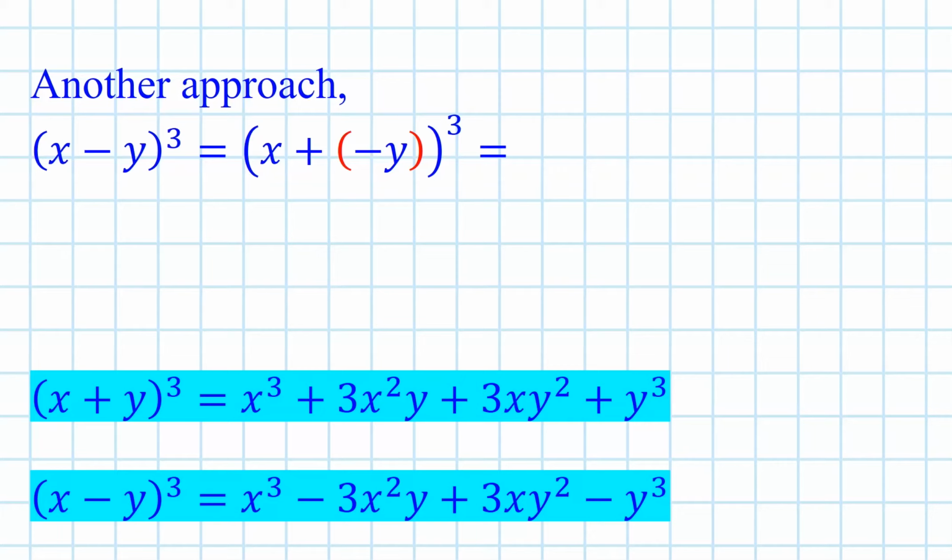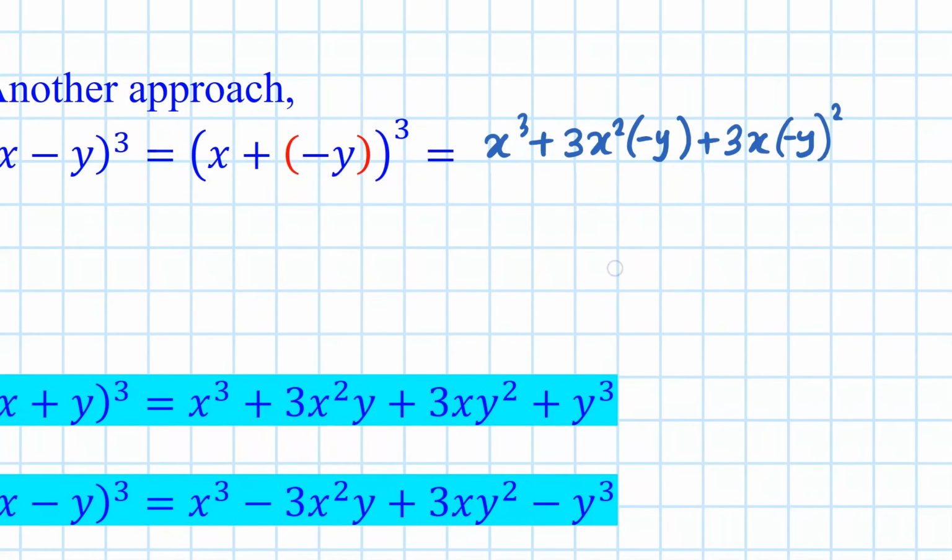Now let's write. We would have x cube plus 3x squared y, here in this case negative y, plus 3xy squared, where y is now negative y, and finally plus y cube, which is negative y cube. If you expand these brackets, negative times positive becomes negative, hence we end up with x cube minus 3x squared y.